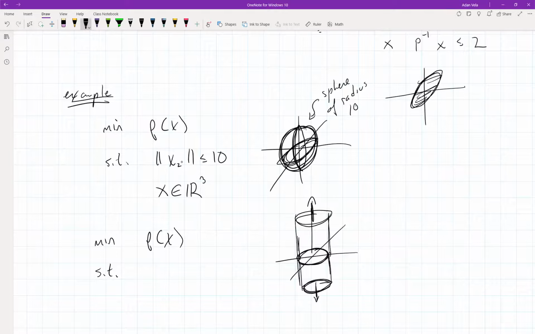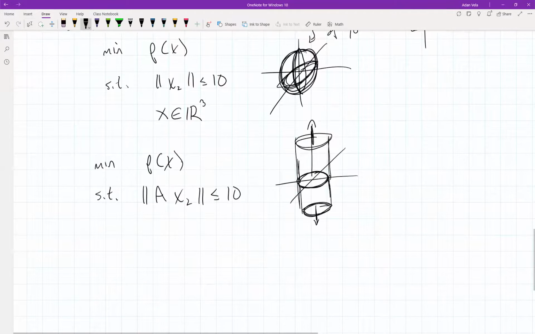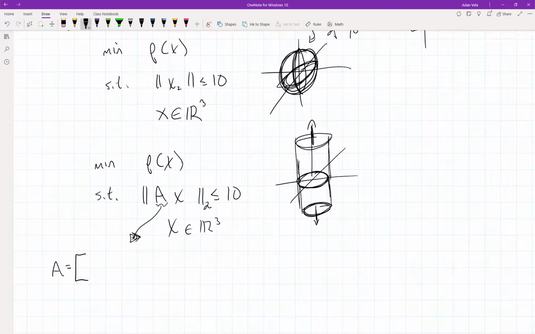So in this case, we'd say, let's take our x and multiply it times some matrix A. x would still be part of the third dimension, but the trick is, we would want to select A to be the following matrix.